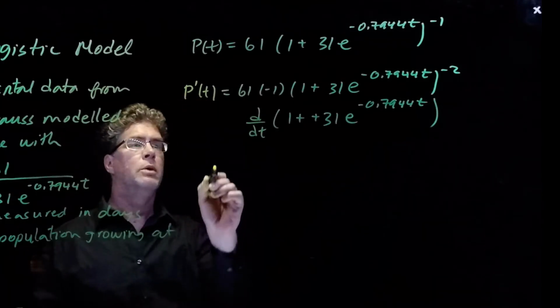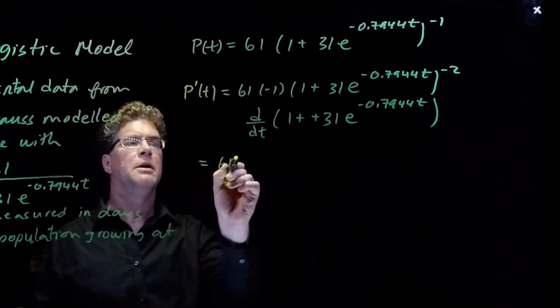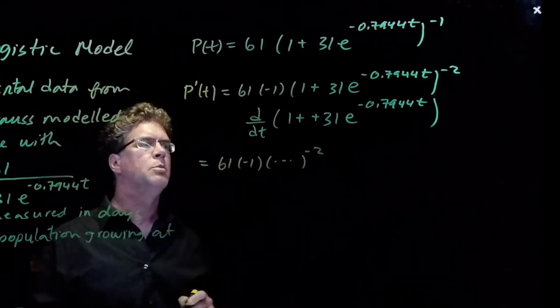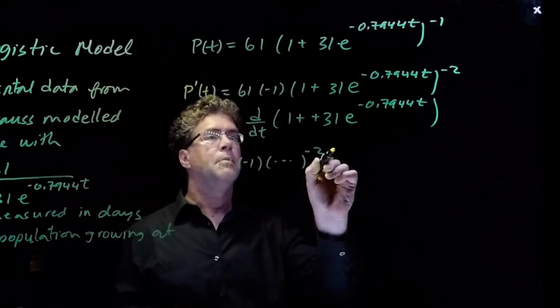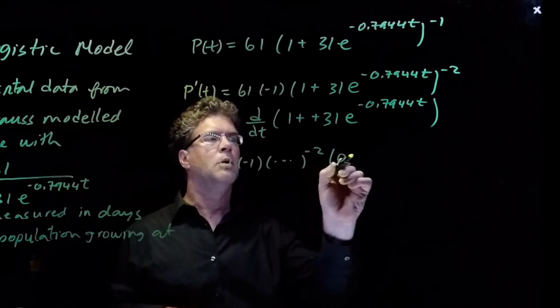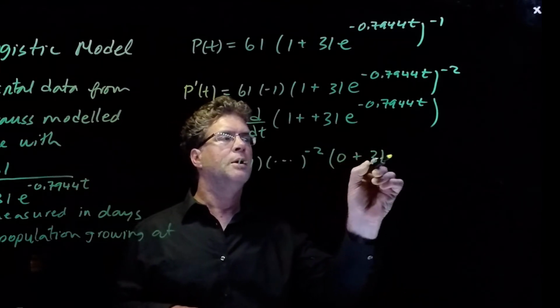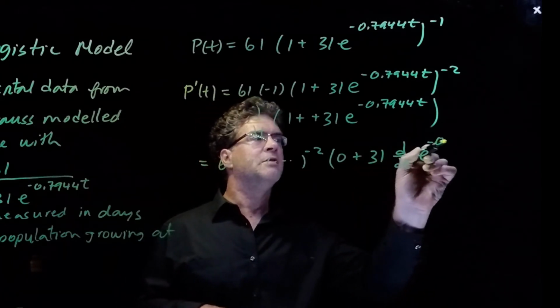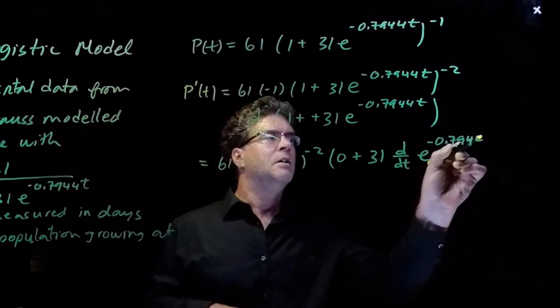And so we can rewrite this as 61 times minus 1 times the quantity in brackets to the minus 2 power. The derivative of 1 is 0, and then we have plus 31 times the derivative of e to the minus 0.7944 t.